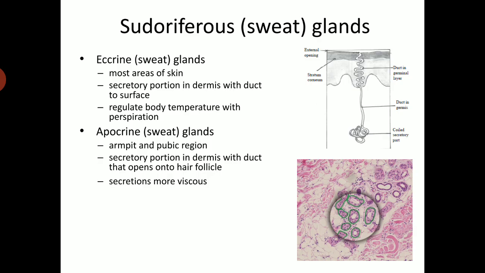The body is composed of the secretory part of the gland. It is positioned in the reticular layer of the dermis or in subcutaneous tissue. The duct connects the secretory elements to the surface of the skin.